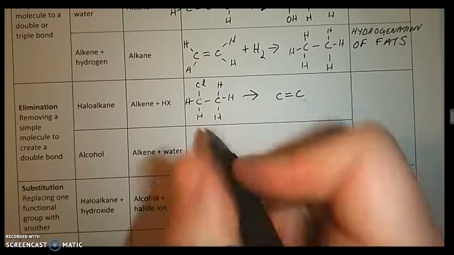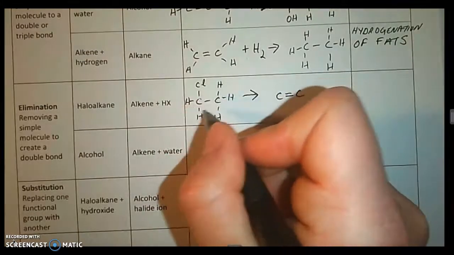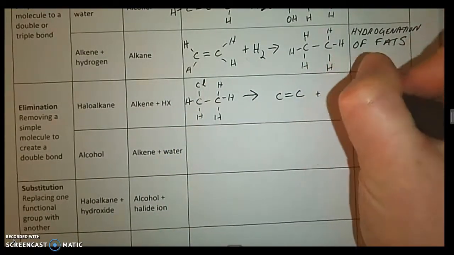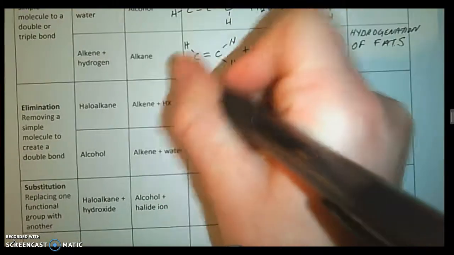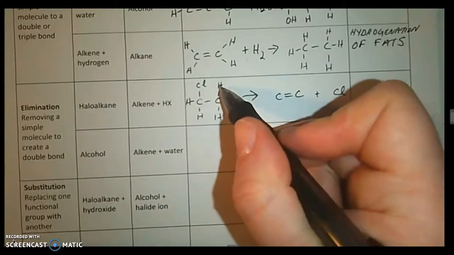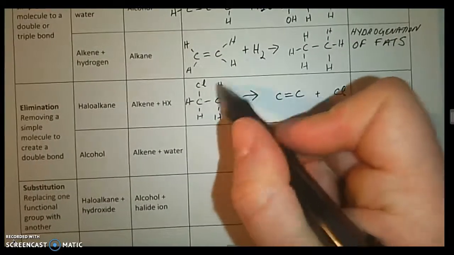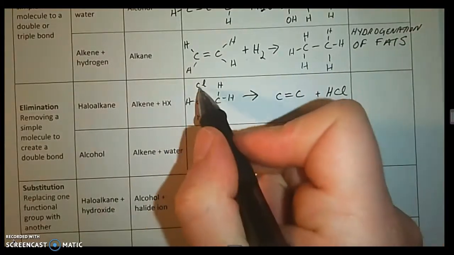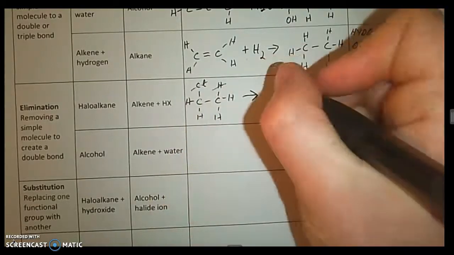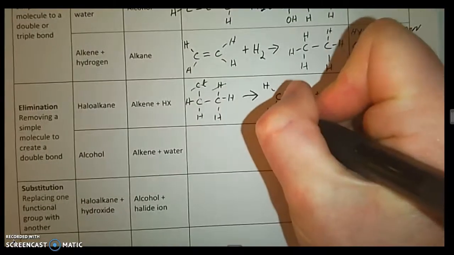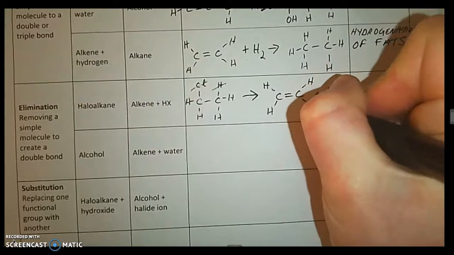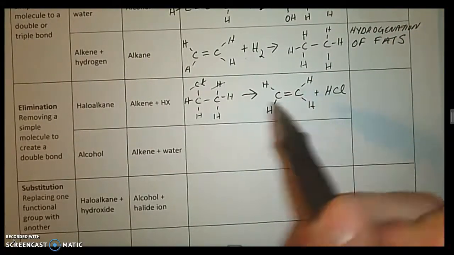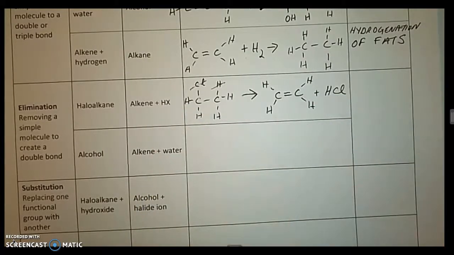To do that, I have to take some atoms away from the original molecule. One of them is going to be the chlorine. The other atom has to come from the other carbon. There are only hydrogens there, so I'm also going to take a hydrogen. If I take away the chlorine and this hydrogen, I'm left with just two hydrogens on each of these. So an elimination reaction creates a double bond, or creates an alkene.